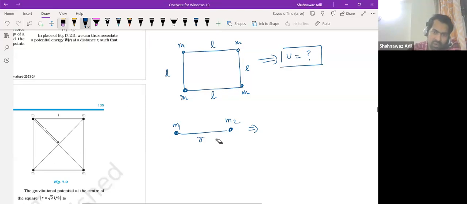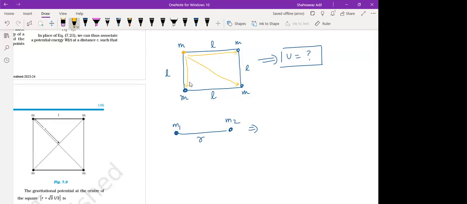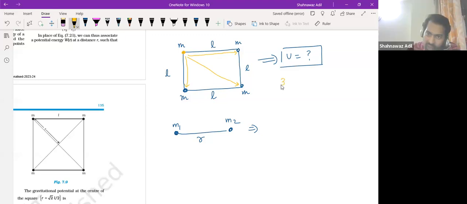So how many combinations of M1 and M2 would be there, guys? Let us pick this one. This could interact with this one, this could interact with this one, and this could interact with this one, right? Clear? Yes, sir. So we have three combinations.